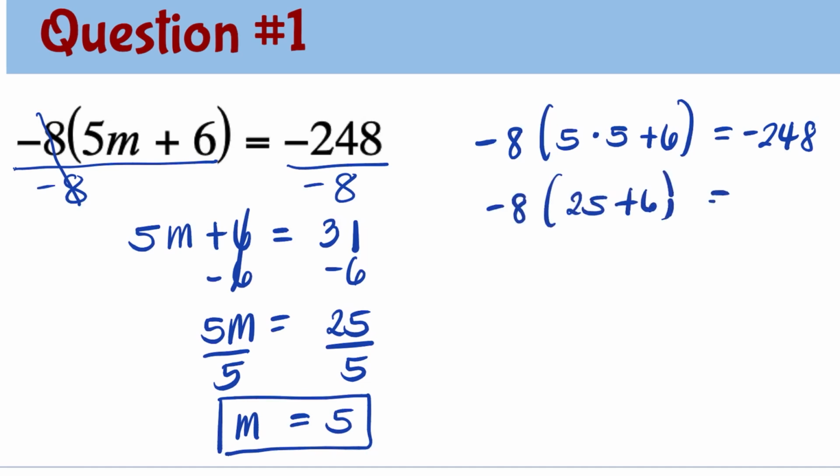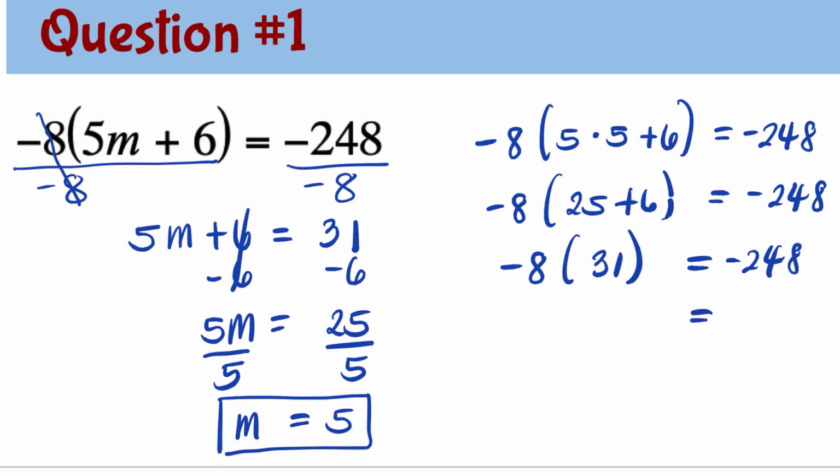Simplifying the left side further, we have negative 8 times 25 plus 6, which is 31, is equal to negative 248. And yes, they're equal because negative 8 times 31 is negative 248, which is the same thing as the right side of the equation. So m is equal to 5.